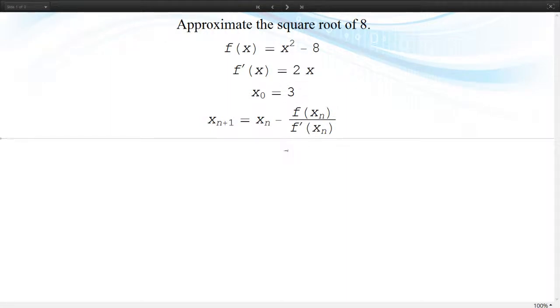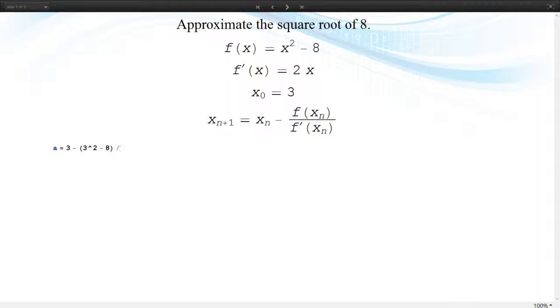So let's give this a name. x sub 1. Mathematica doesn't really like subscripts, unfortunately. x sub 1 is equal to x sub 0 minus f of x sub 0, so that's 3 squared minus 8, that's f of 3.